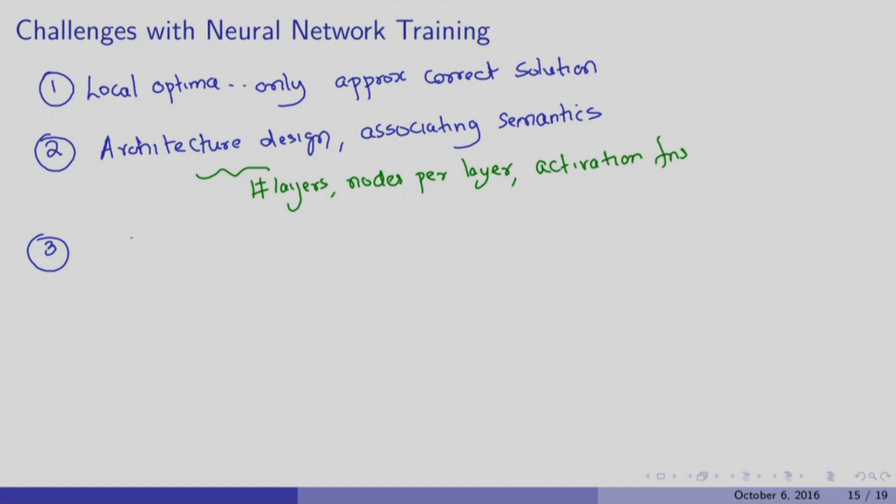There are also other challenges such as numerical precision errors. You have lots of multiplications and additions, and especially with activation units like sigmoid, where with numbers between 0 and 1 you can land up with very small numbers, especially during backpropagation. Of course, one of the biggest challenges is computational issues.